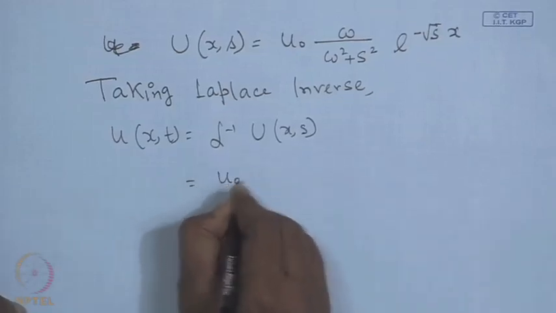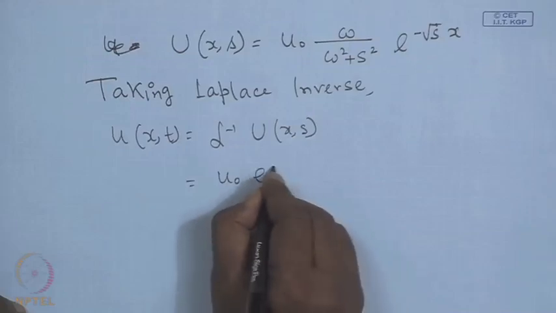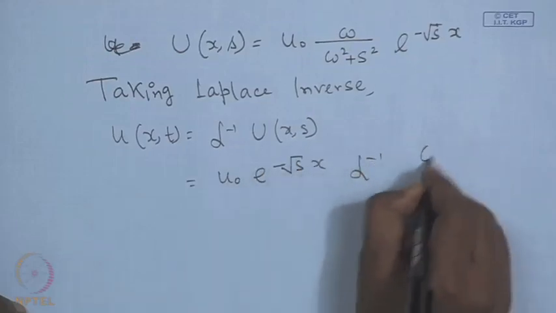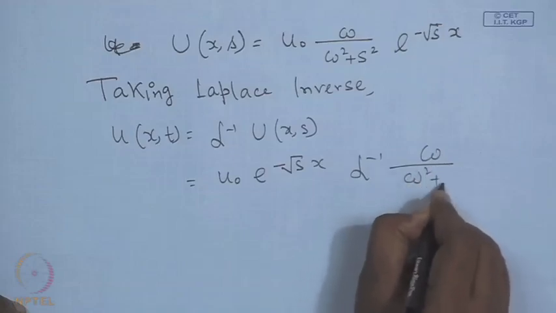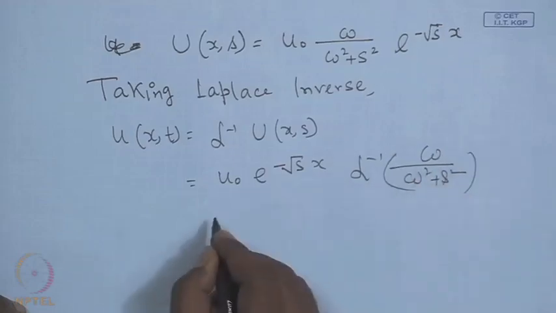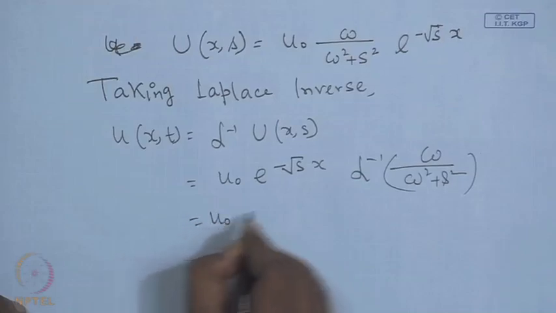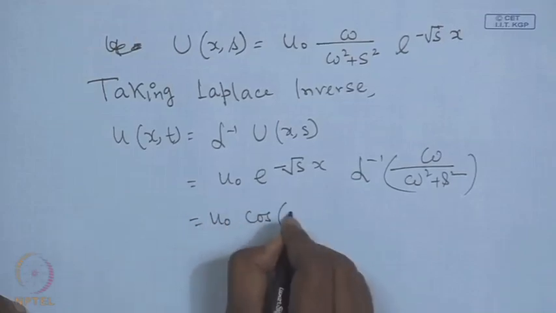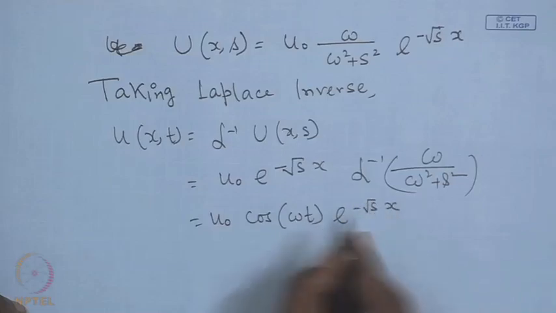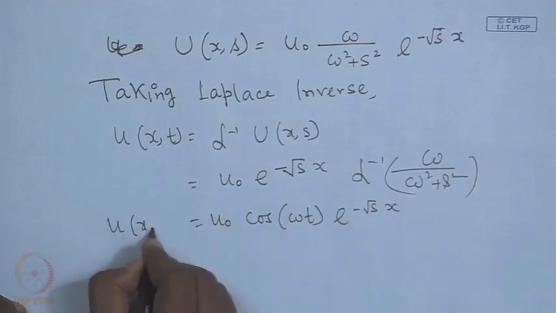So, u naught e to the power minus root s x times the Laplace inverse of omega divided by omega square plus s square. We know the solution is cosine omega t. So, u naught cosine omega t e to the power minus root s x is the solution.